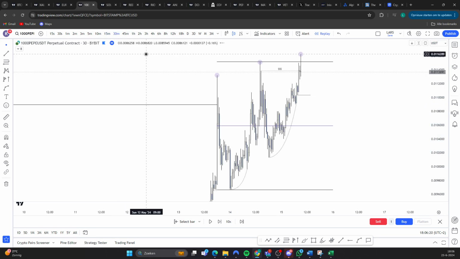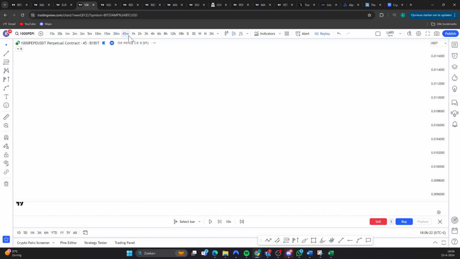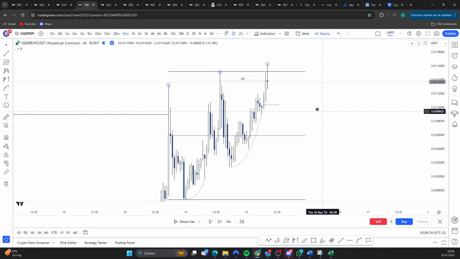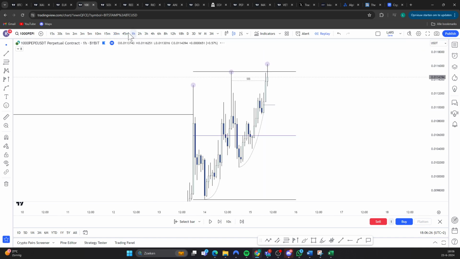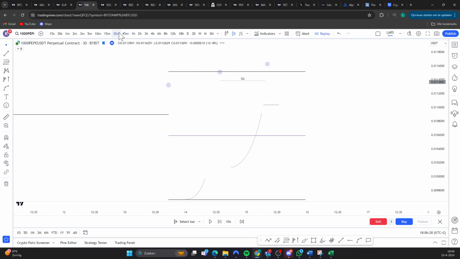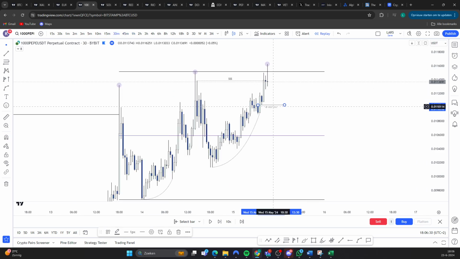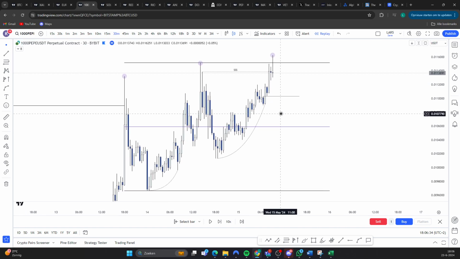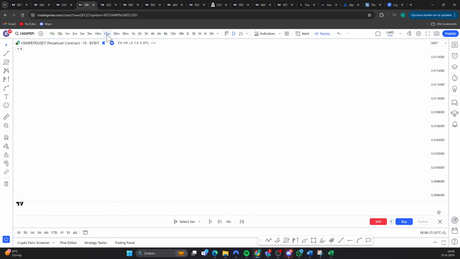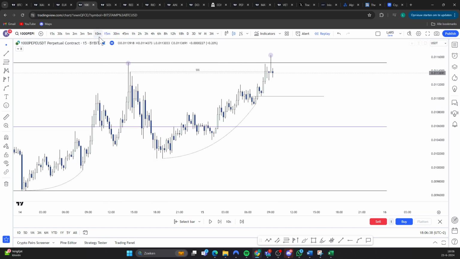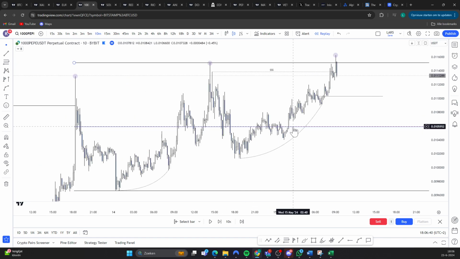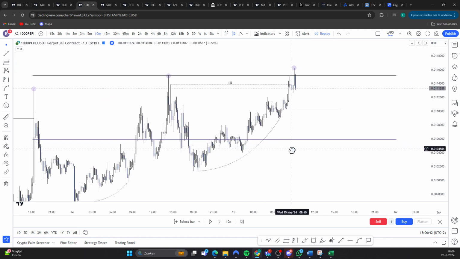Let me scan for some support. We got literal support on this demand zone, or on the no market structure low. So break that and you're chilling.